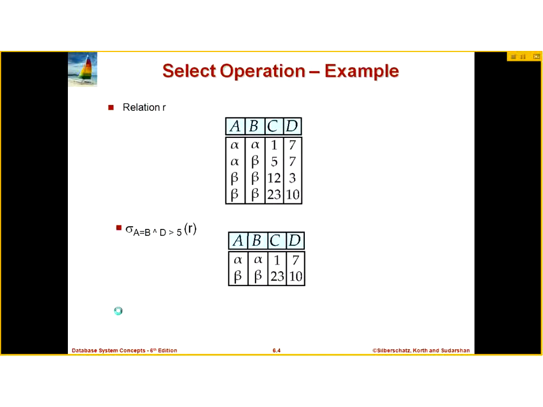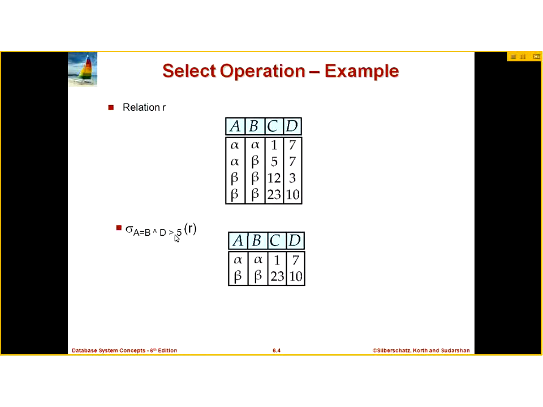The selection operation selects certain rows or certain records from your relation. For example, if you have a relation R having attributes A, B, C, and D, and you apply the selection operator, like for example, this selection operator is selecting the records where the value of attribute A and B are equal, and this symbol is used for and, the value of attribute D is greater than 5.